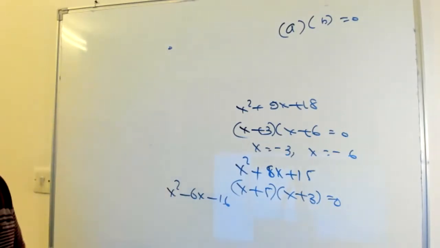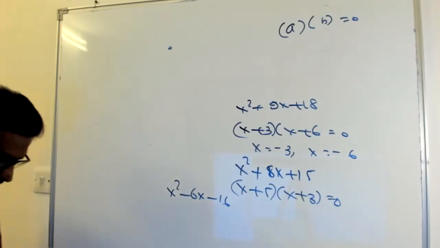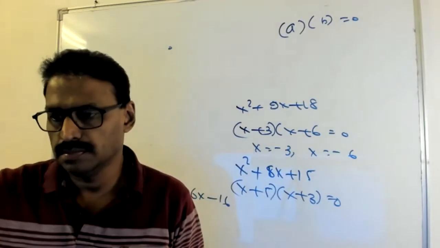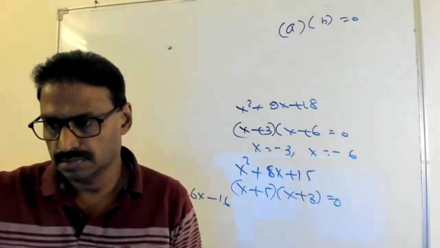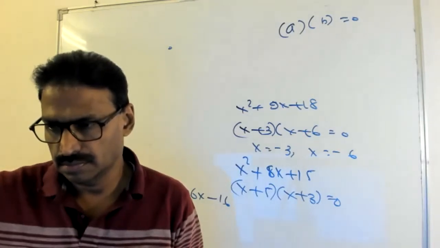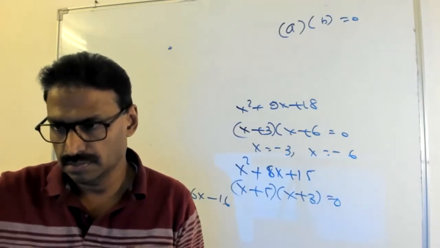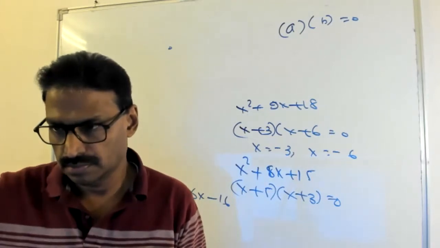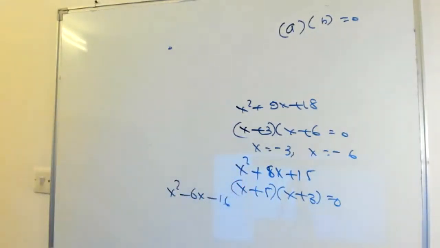X square minus 6x minus 16. Done, sir. X square minus 6x minus 16.